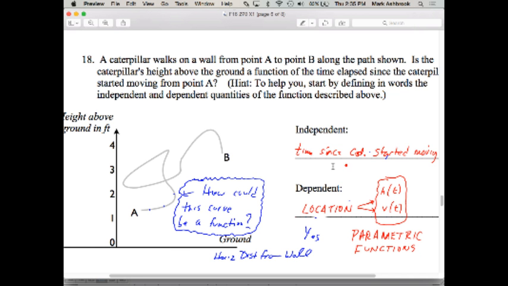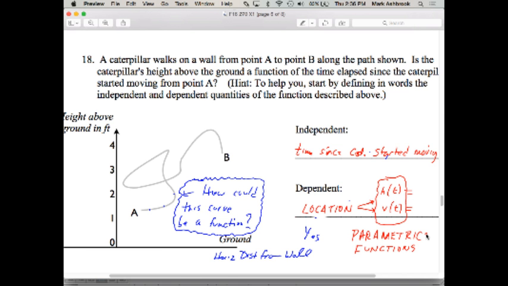That you have this independent variable, and then the dependent variable, quote unquote variable, may be a combination of two or more other variables, right? So location is uniquely determined by time, but that requires two functions taken together, okay?